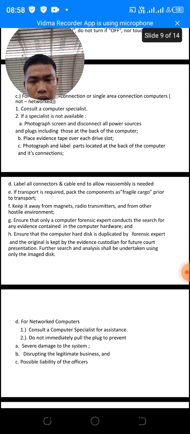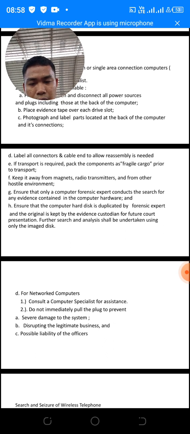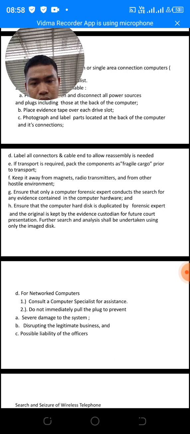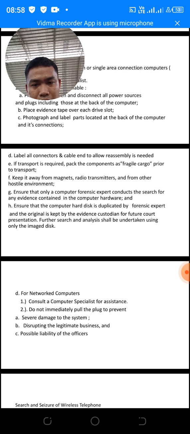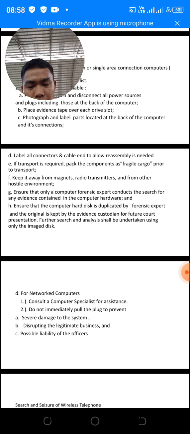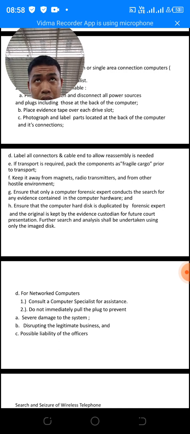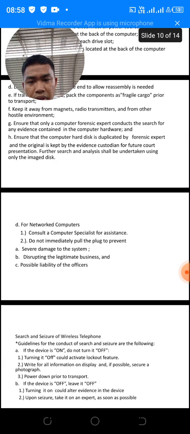For network computers, consult a computer specialist for assistance. Do not immediately pull the plug, to prevent severe damage to the system, disruption of legitimate business, and possible liability of the officers. So in this one, you need to properly turn off the computer with proper procedure.